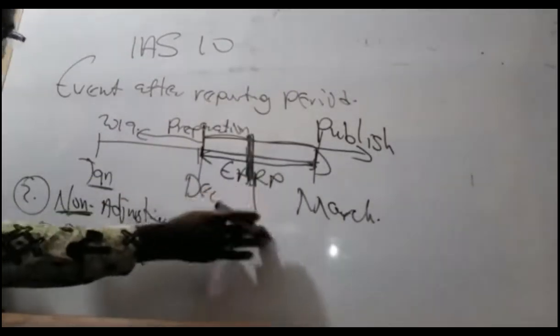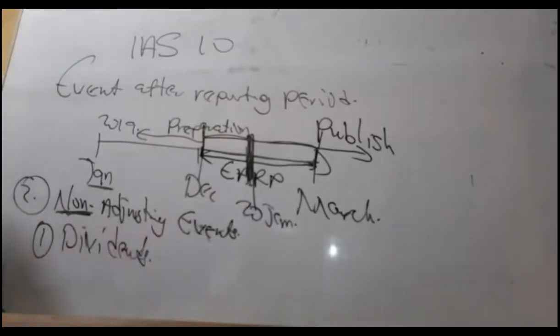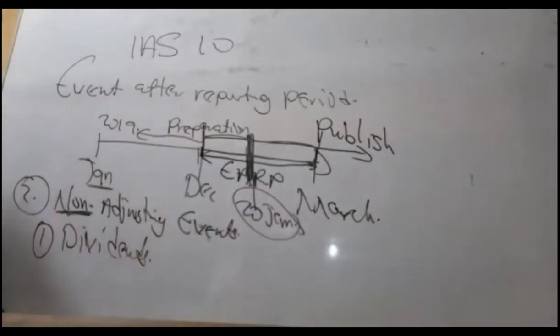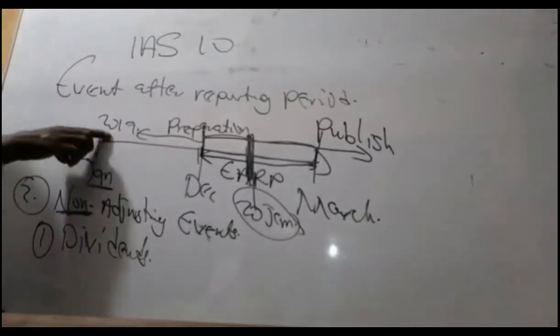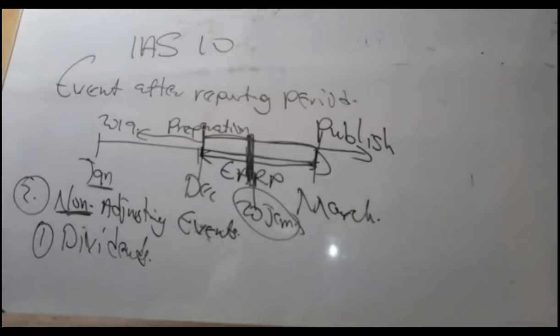Let's assume that they declare it on 20th January, and the director will say this dividend we've declared on this day is in respect of 2019. So make that statement clear in exams for you. 2019 dividend was declared in 2020, January 20th.